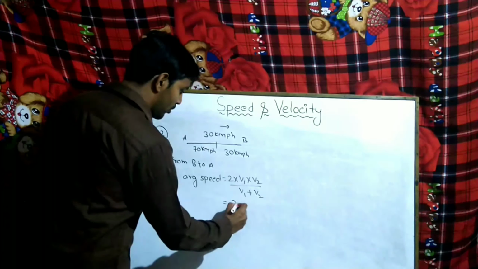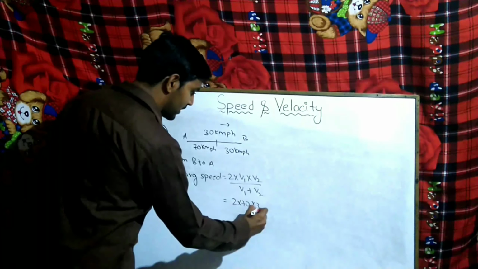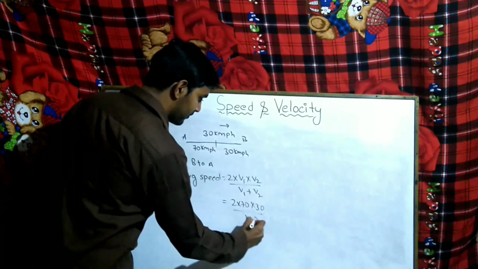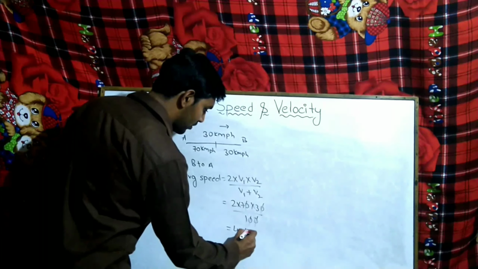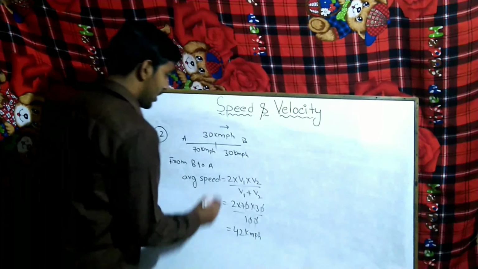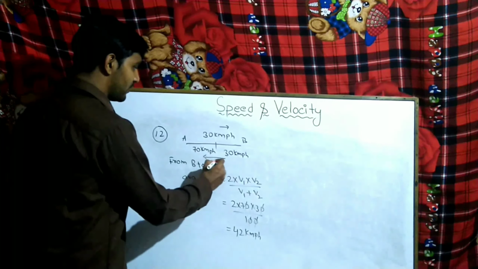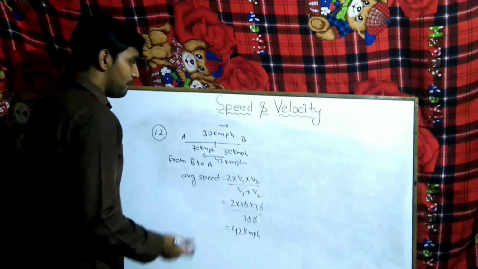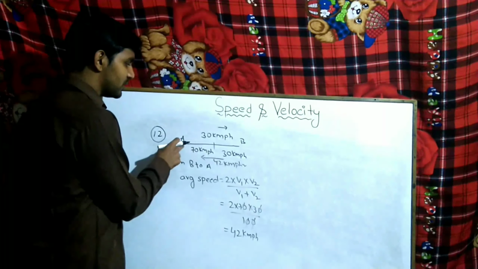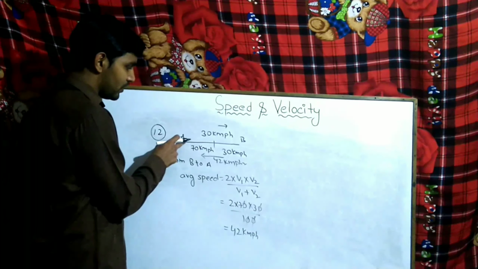So 2 into 70 into 30 by 100. So 10, 10, 10, 10. So you get 42 km per hour.